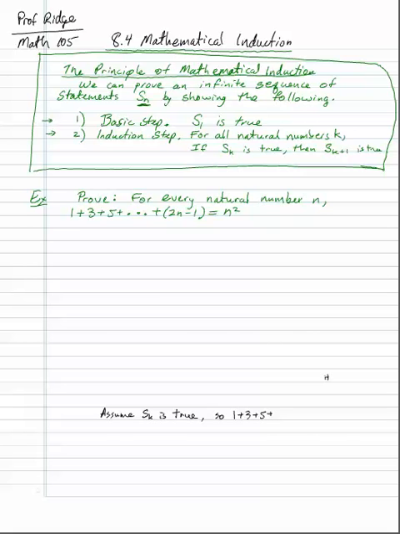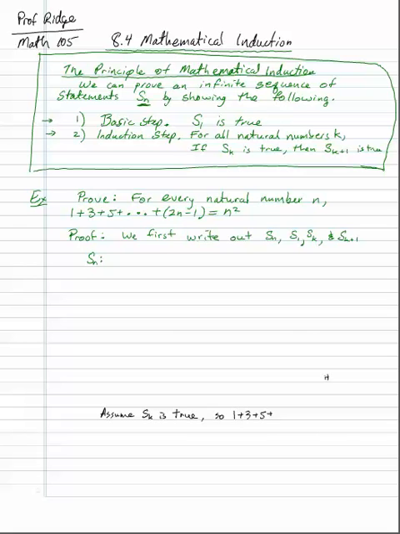Let's look at an example. Prove for every natural number n that 1 plus 3 plus 5 plus dot dot dot plus 2n minus 1 is equal to n squared. So for our proof, we want to write out S sub n.